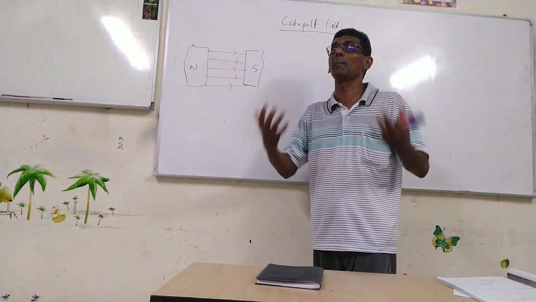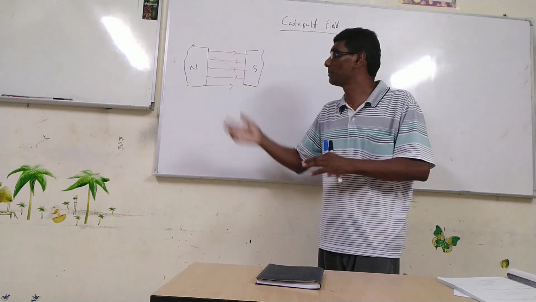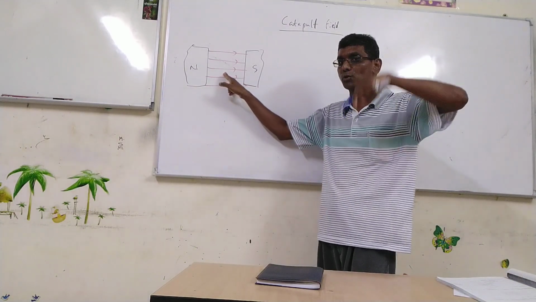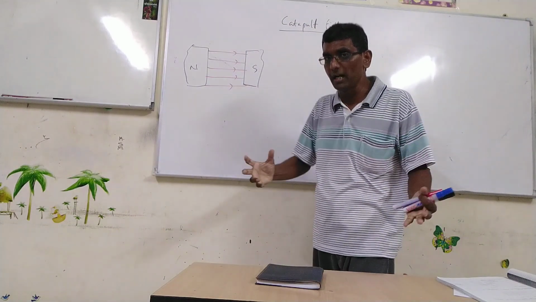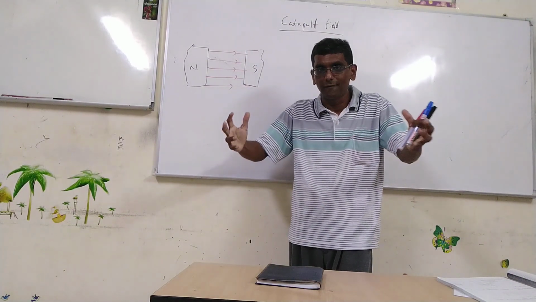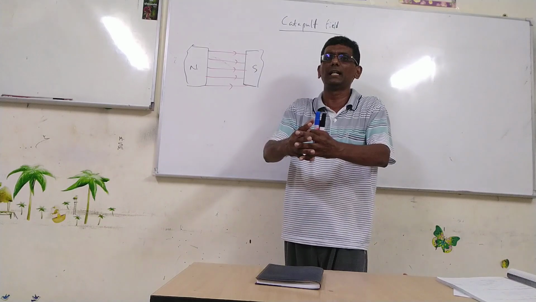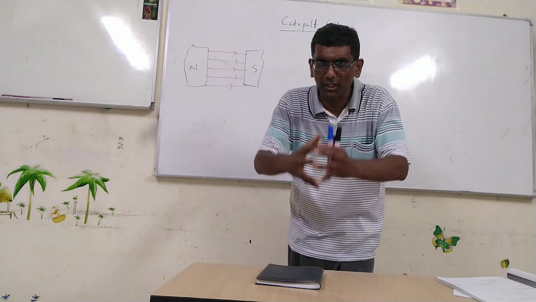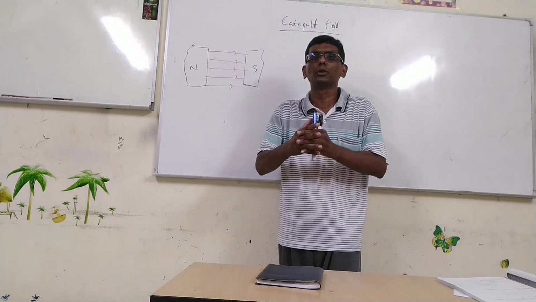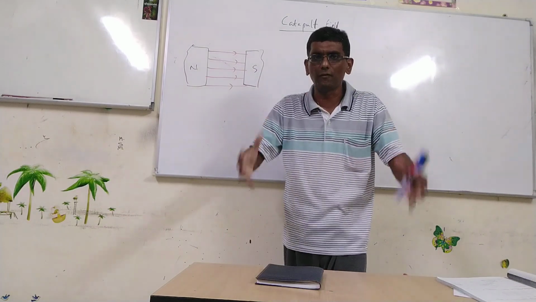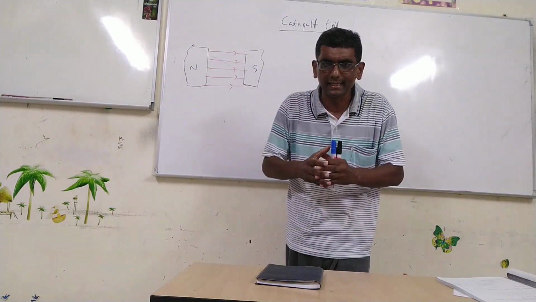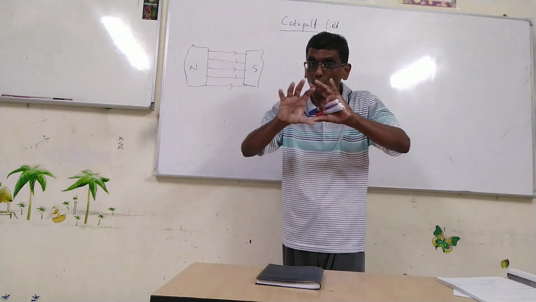There is more than one magnetic field, one is the permanent magnetic field and the other is the electromagnetic field. That is called a catapult field.